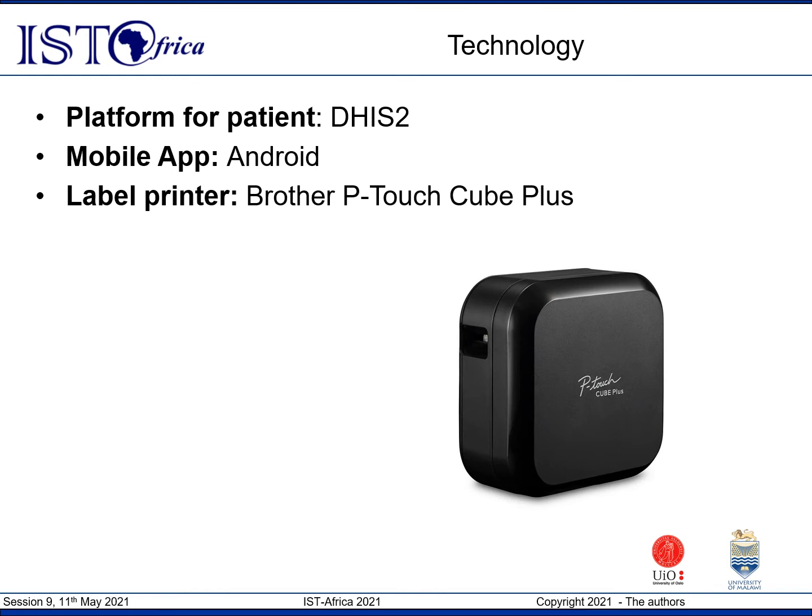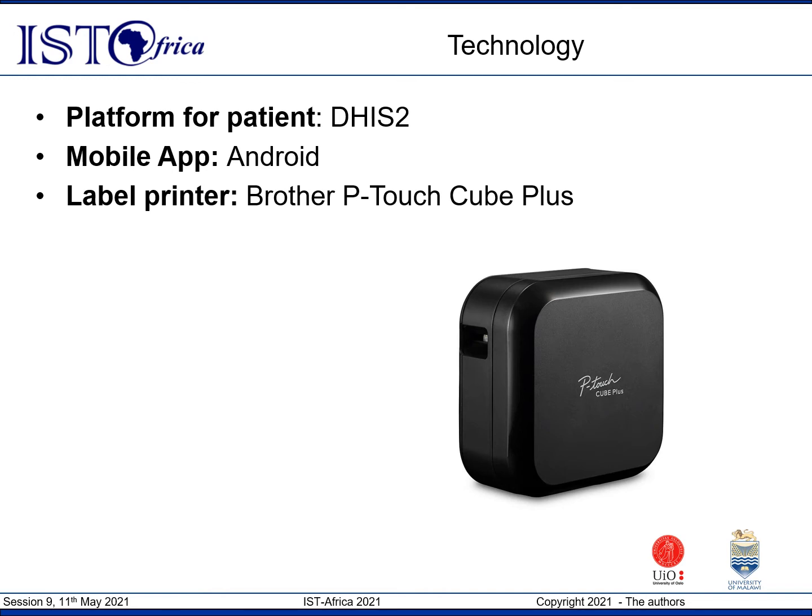So in terms of technology, for the patient system, we used the District Health Information Software, which is an open source configurable platform. And then for the mobile app, we used Android.